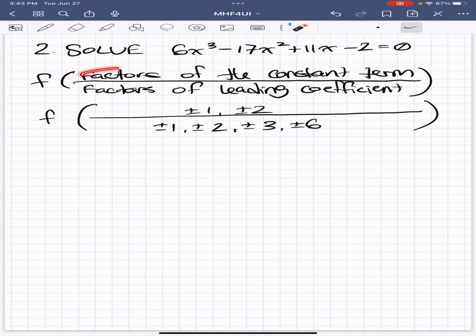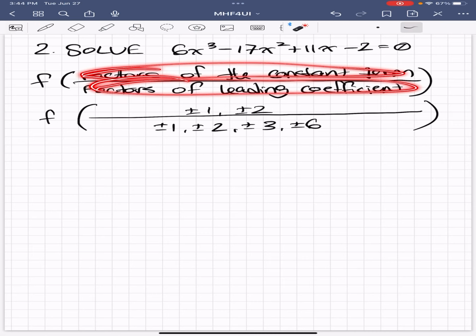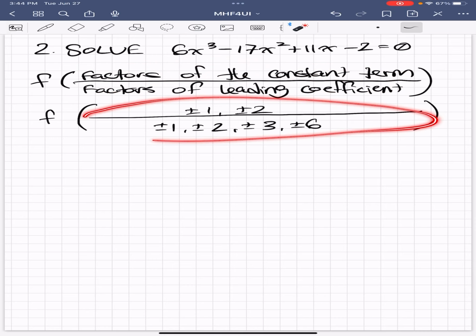Again, we have the factors of the constant term and factors of the leading coefficient, and we have them all labeled out right here.